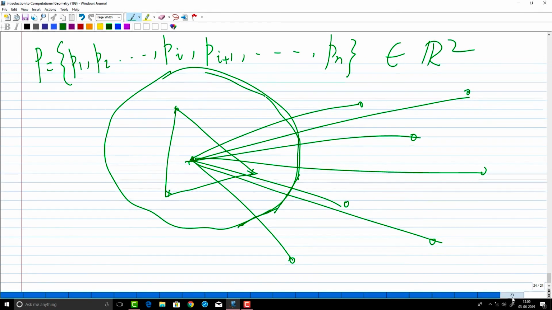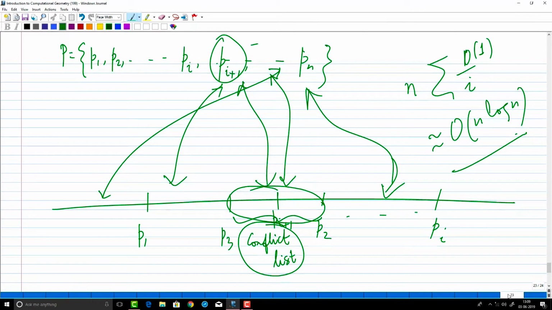Now, like in the previous case, for an interval I knew the numbers that are within this interval, and for each number I knew which interval it lied in.